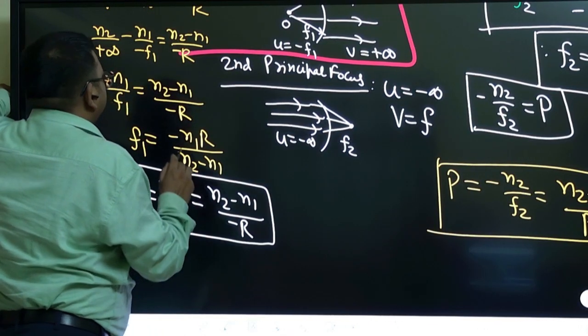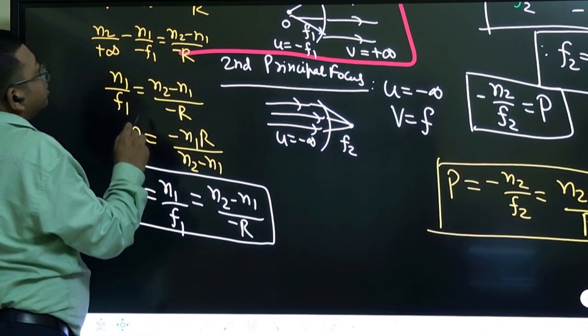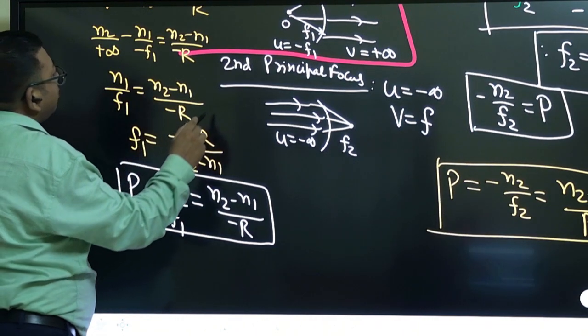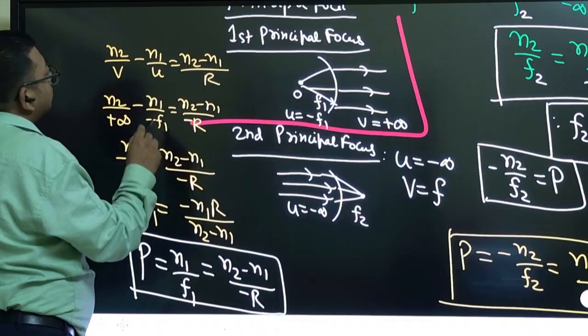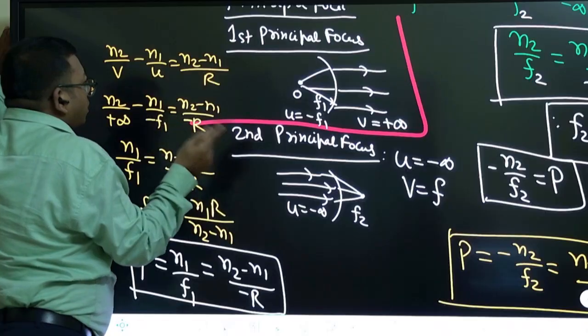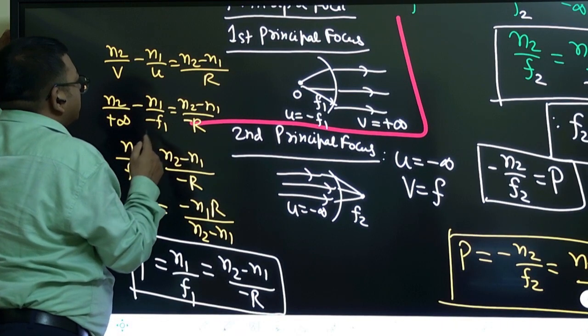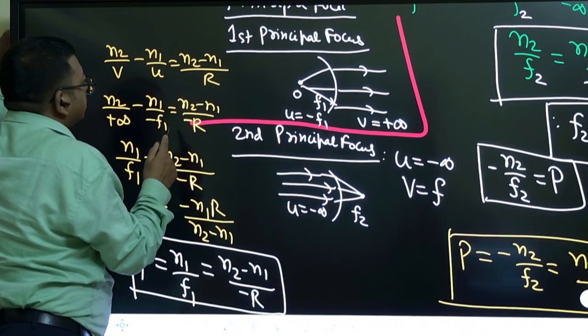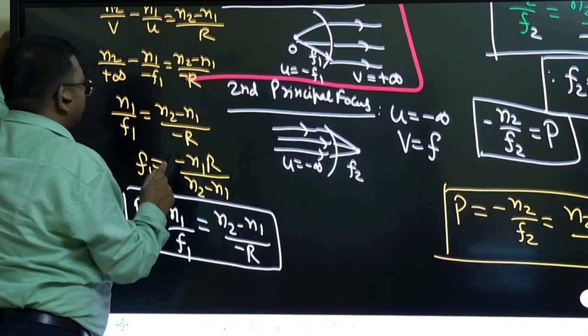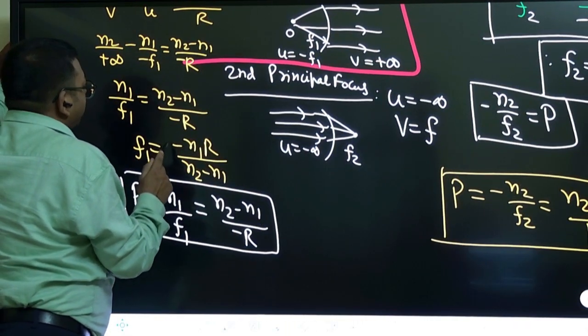Okay. So this minus we are getting here in the focal length. Did we substitute the F1 value properly? No, I think not. Minus F1 we have substituted. Okay, we have substituted F1 here. This minus is coming extra. Club this minus to this side.